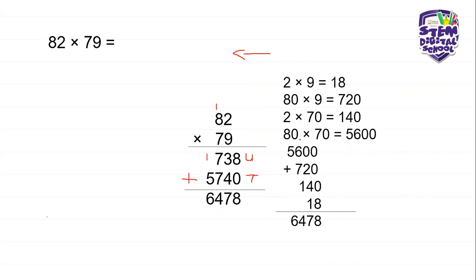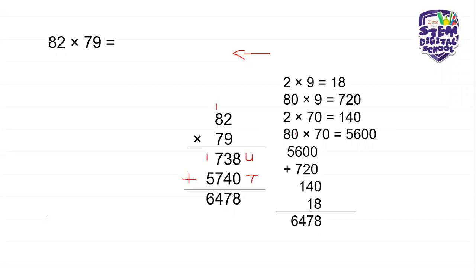And then there's this other method. You can use it at times. You expand everything out. This is basically what we did here, but more open. So we write 2 multiplied by 9, 80 multiplied by 9, then 2 multiplied by 70, and 80 multiplied by 70.